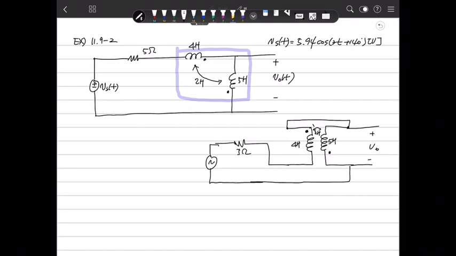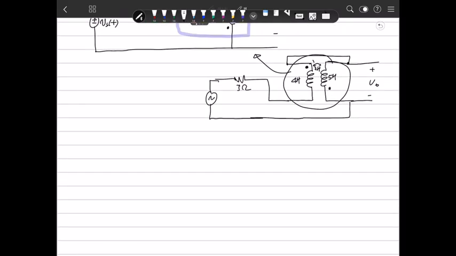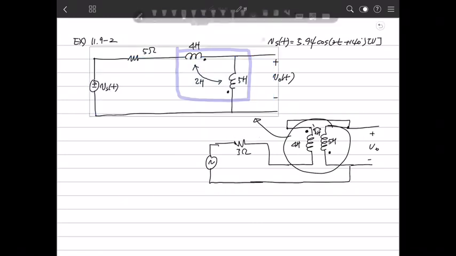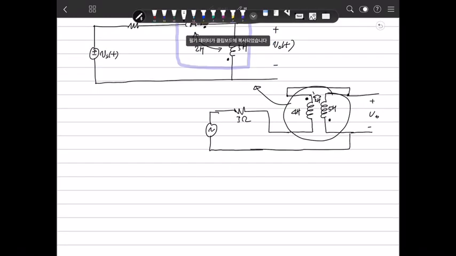This is a configuration of the circuit with a familiar form of the coupled inductor. You know that? So it looks a little more complicated. So we can redraw this form in this manner. But anyway, we don't care about that. We will solve this circuit with phasors because this is AC circuit.